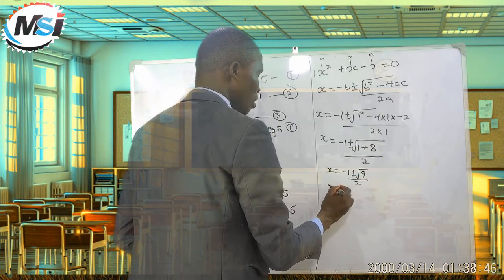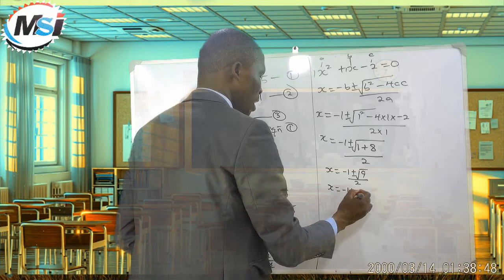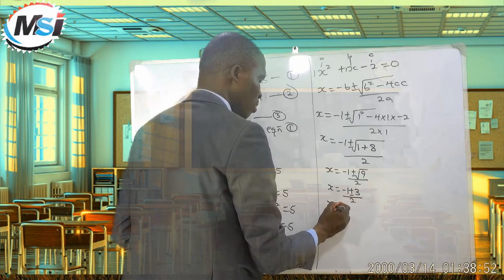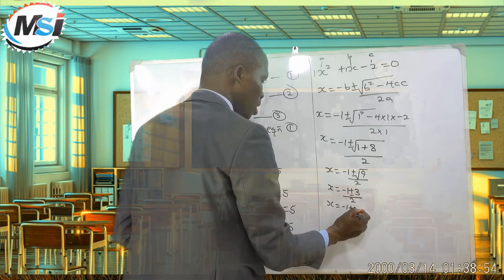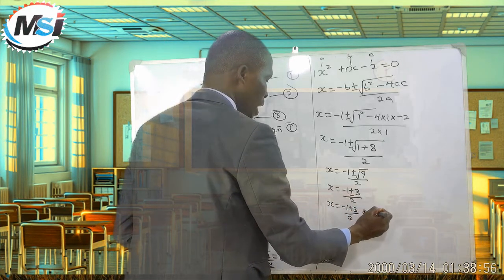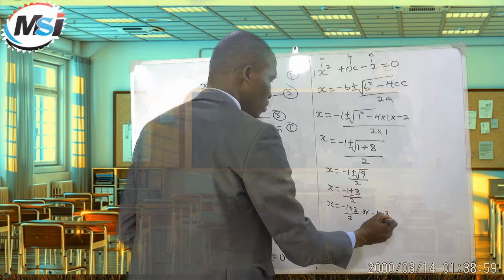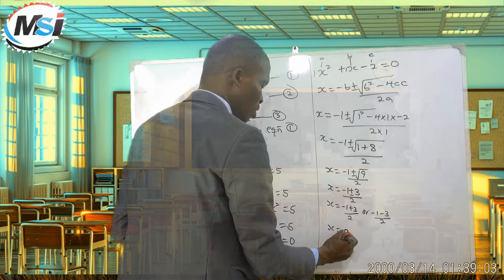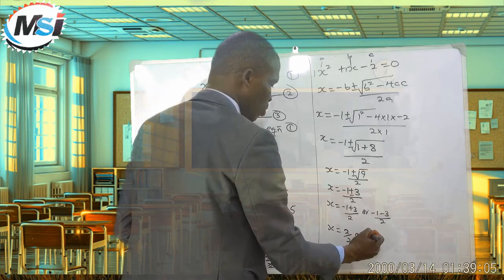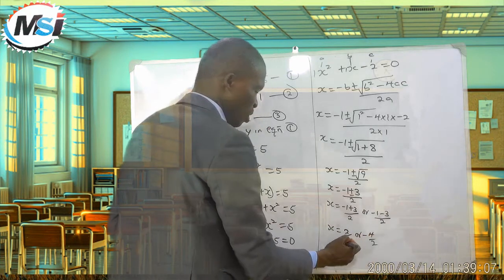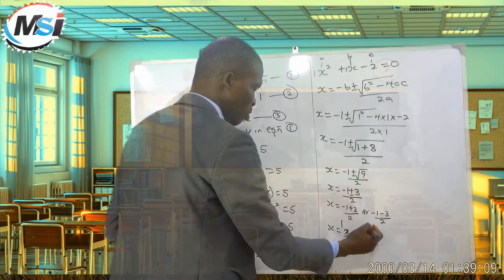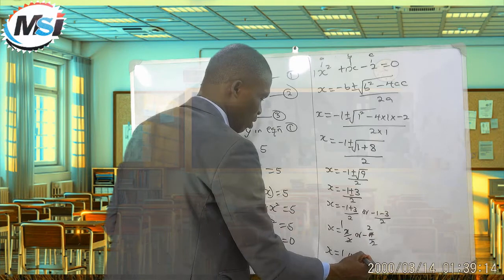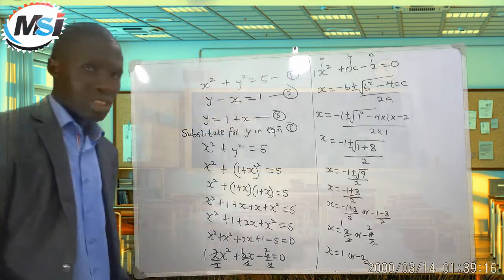The square root of 9 is 3, so x equals minus 1 plus 3 divided by 2, or minus 1 minus 3 divided by 2. So x is 2 divided by 2, or minus 4 divided by 2. So x will give us 1 or minus 2. I believe you understand that, right?